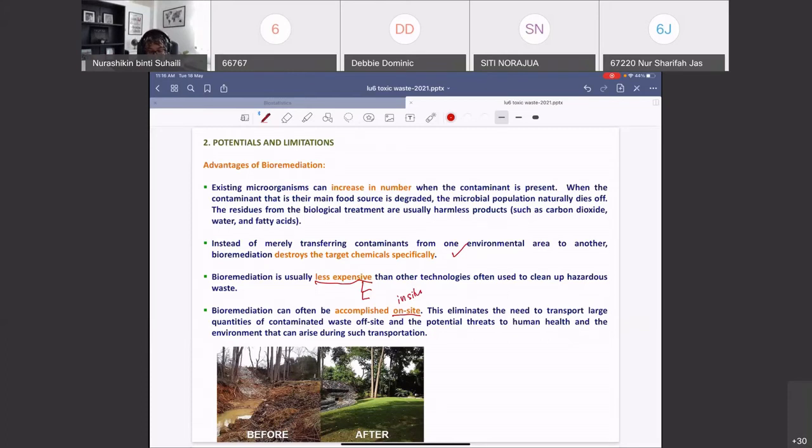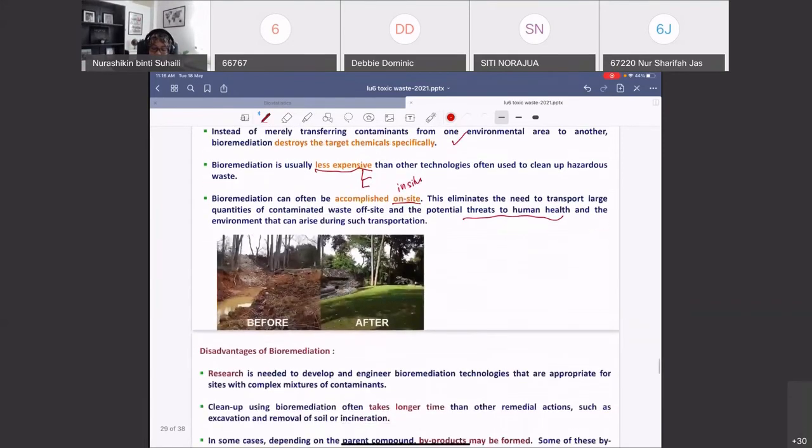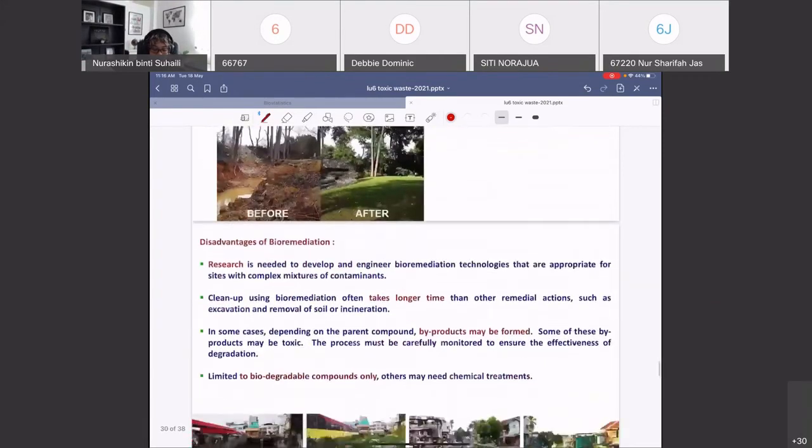It eliminates the need to transport large quantities of contaminated waste off-site, and also it can eliminate the threat to humans during the transportation of the contaminated waste. The reason why it can be accomplished on site is because we can just let the microbial degradation happen at that site, instead of removing the things.